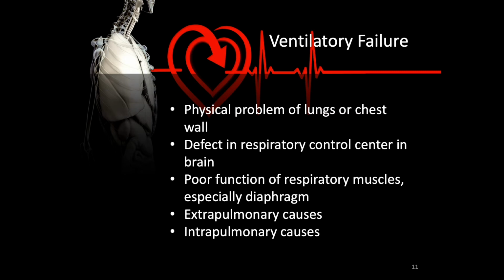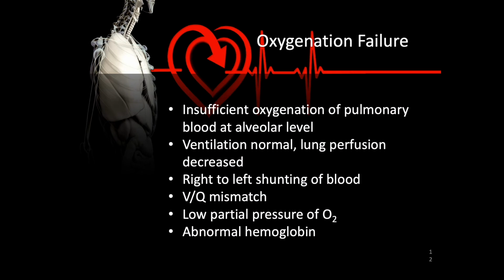Things like osteoporosis or spinal degeneration, kyphosis, flattening of the diaphragm, and a decline in muscle mass are all examples of extrapulmonary problems, whereas things like decreased mucociliary clearance, where the mucus cannot be expelled quickly from the airways, a decline in surfactant production, a decreased effectiveness of the immune system, or a thickening of the alveolar capillary membrane are all examples of intrapulmonary causes of respiratory failure. And the thickening of the alveolar wall is an example that could cause oxygenation failure.